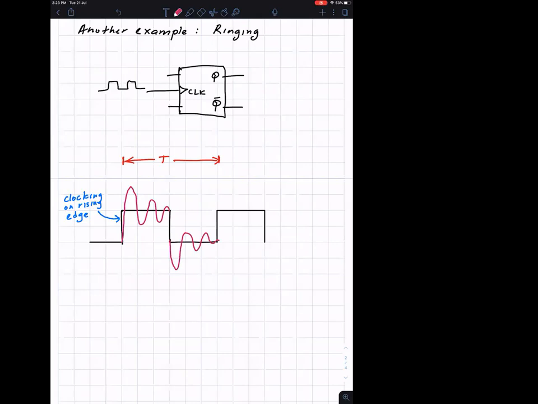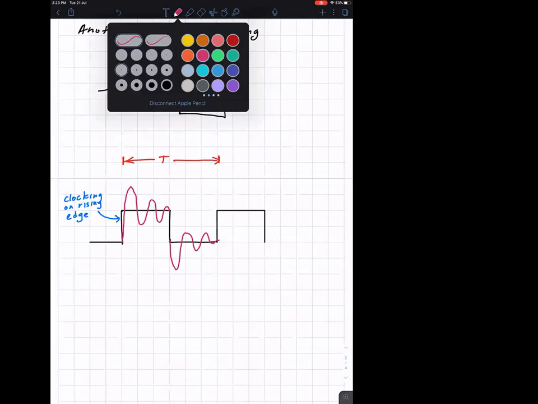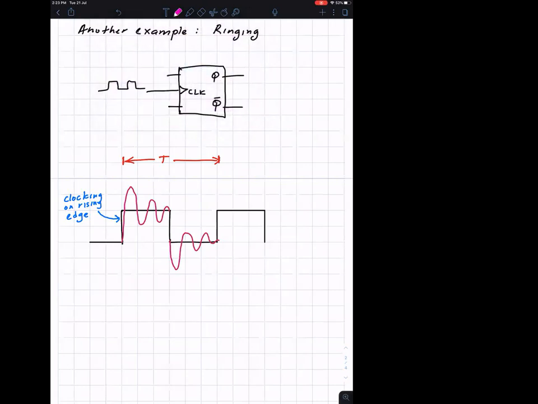So what happens is the clock triggers on the rising edge, correct? As soon as the clock rises, it will start clocking here. It will turn on the device to accept some kind of data. And then because of this signal, there's an overshoot here, and this is undershoot.